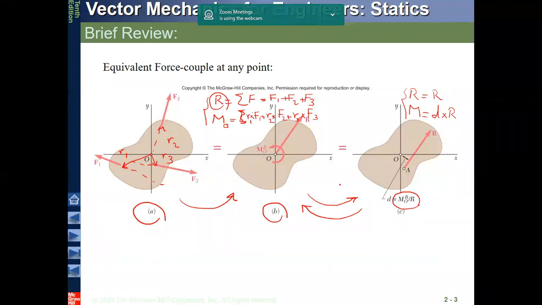So these three systems are actually equivalent. Any questions?